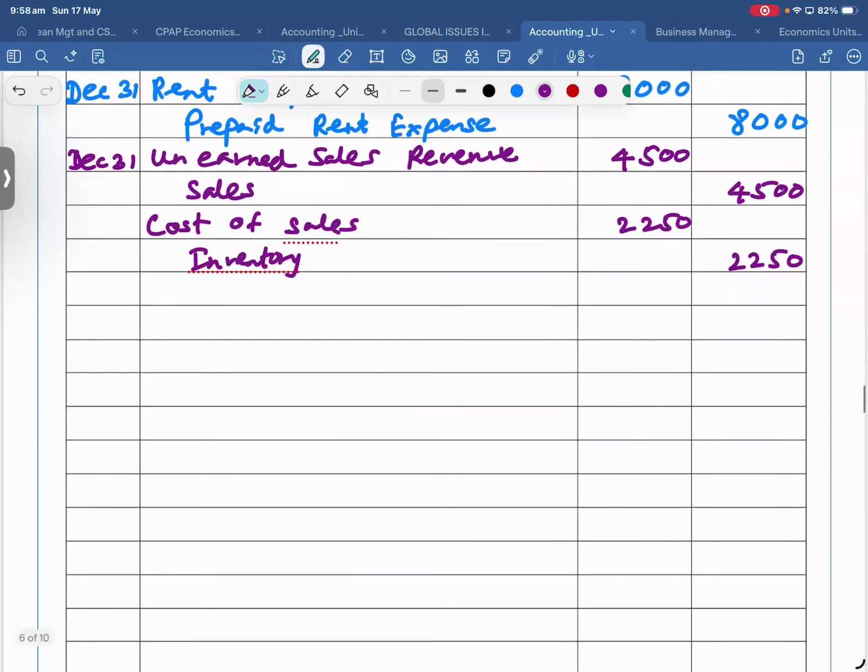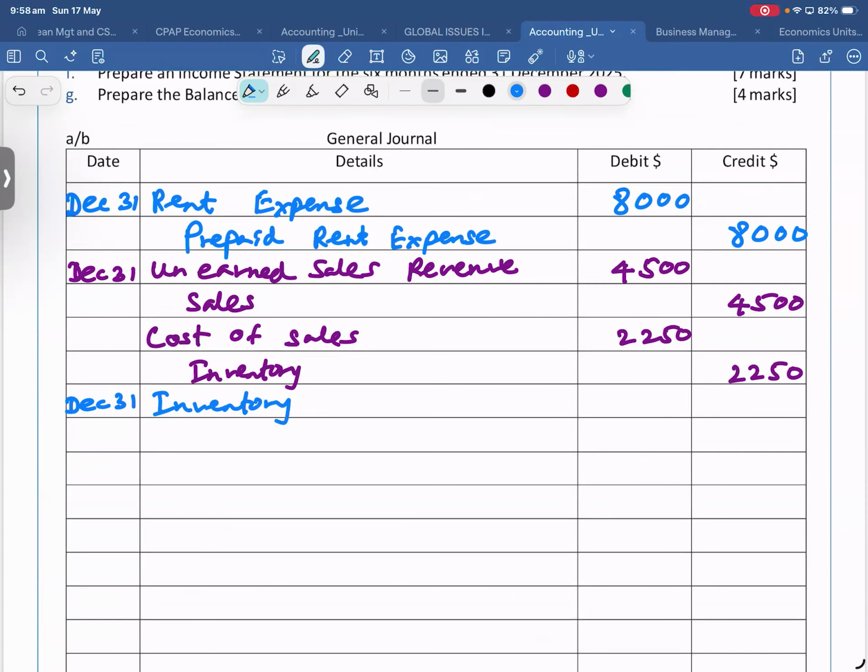What's the double entry, guys? So the inventory gain. Inventory debiting 1,950. Inventory gain 1,950.